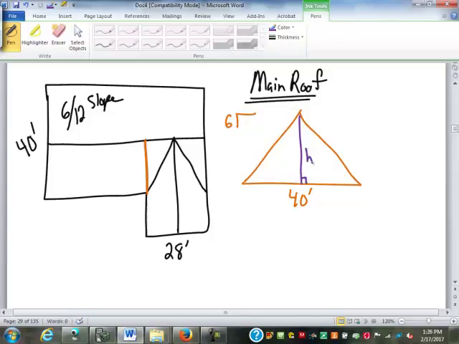Looking to find H as a run of 20 feet, which would make it 6 over 12 equals H over 20. H is going to be 10 feet.